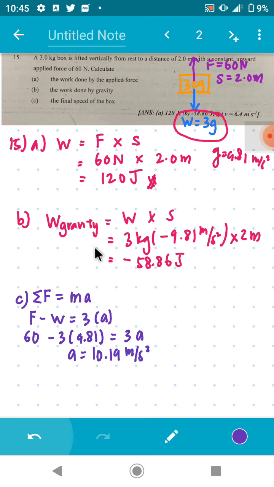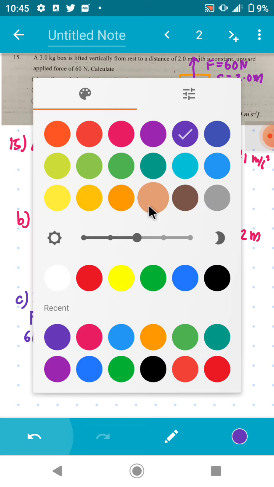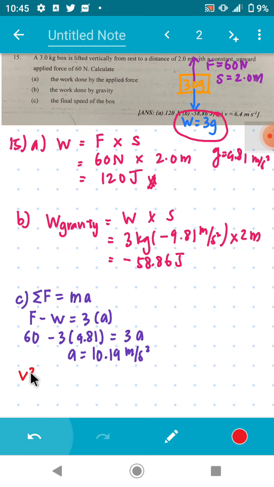Alright, so we can apply the kinematics equation, v square equals u square plus 2as. Because it is initially from rest, u equals 0, and we need to find v. a equals 10.19 meter per second square, and displacement is 2 meter.